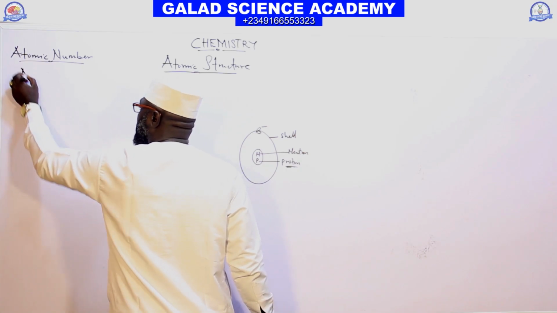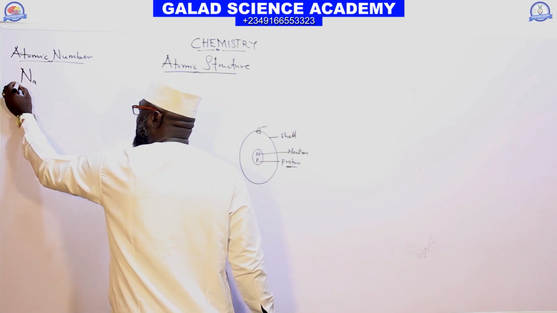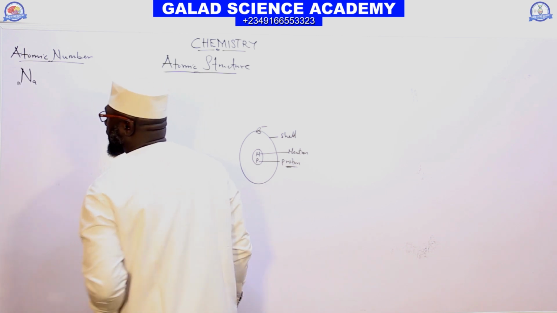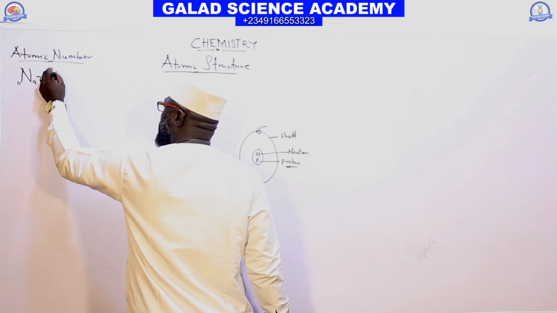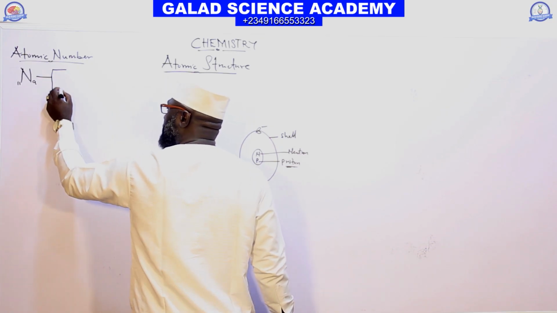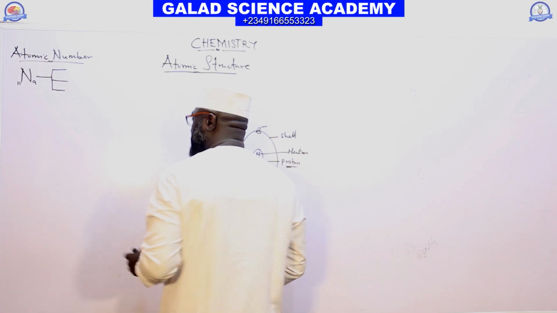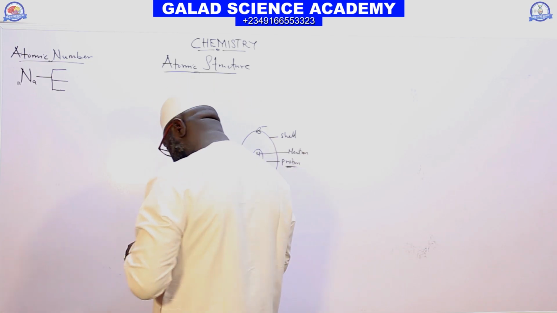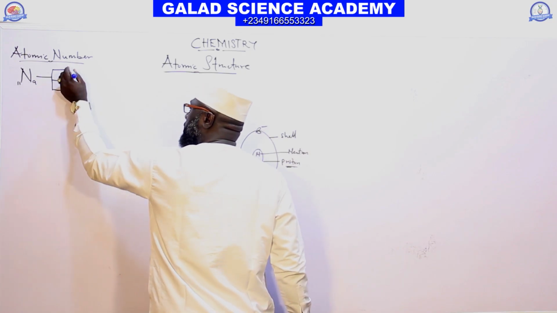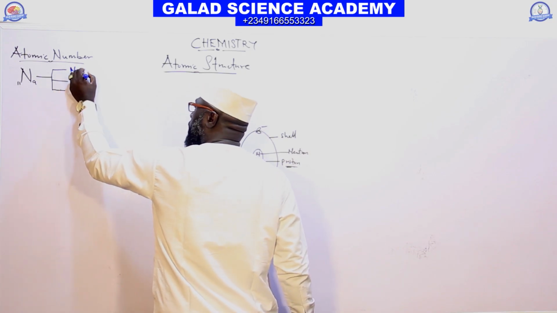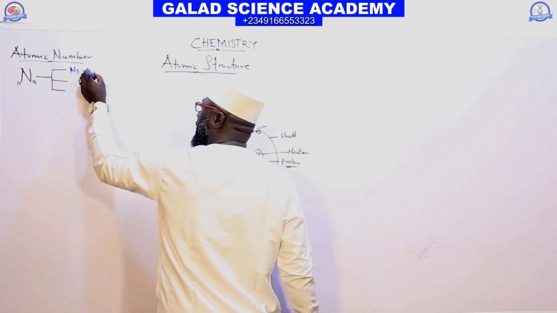Take for example, if you have an atom, let me take this as a case of study. Let me use sodium. The atomic number of sodium is 11. This tells us that in this sodium, the number of electrons is 11.